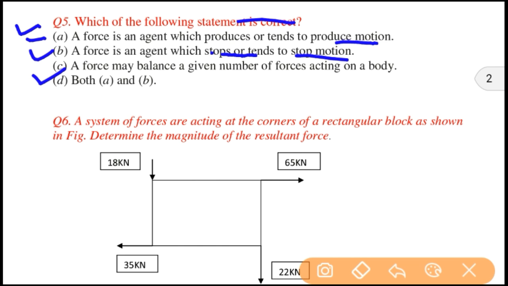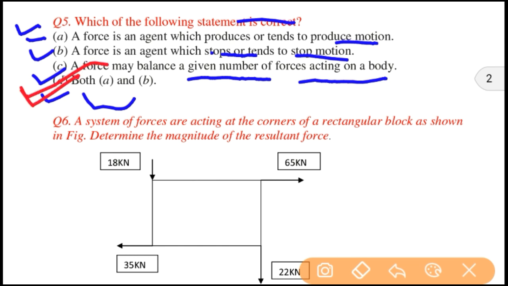C, a force may balance a given number of forces acting on a body. Option D is both A and B. As per the definition, a force is an agent which produces or tends to produce motion, and it also stops or tends to stop motion. So both A and B are correct, that is option D is the correct answer.